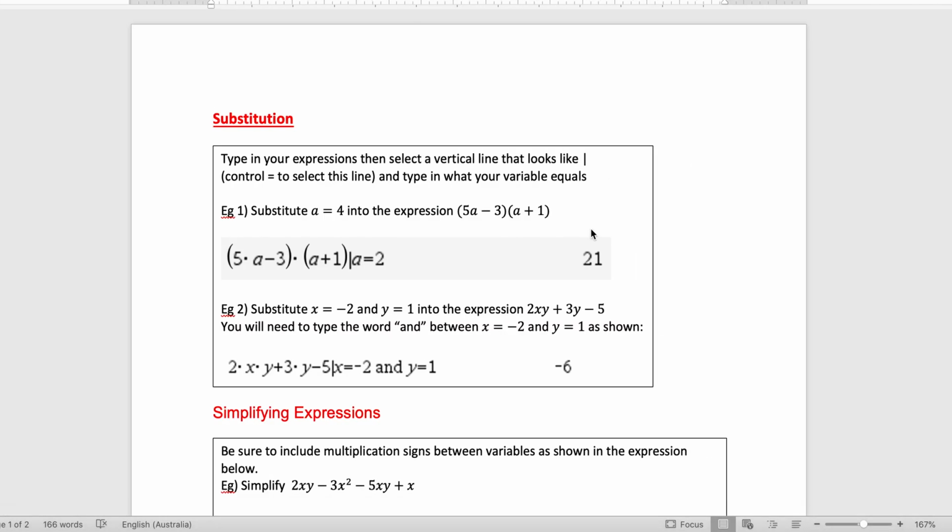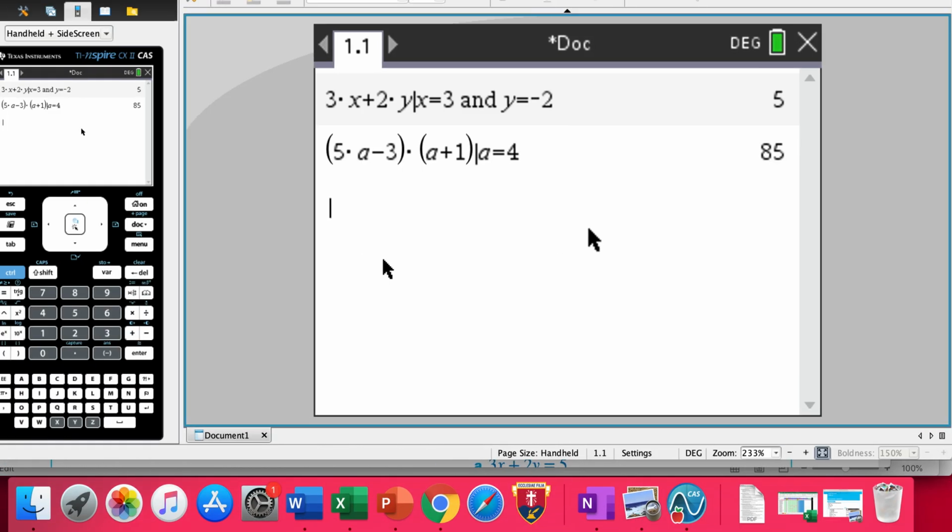Because she had here a given that a was 2. If I go up and I select the same one and I just change the a for equal to 4, then I get that it is equal to 21. There you go. So this is how you use your CAS for substitution.